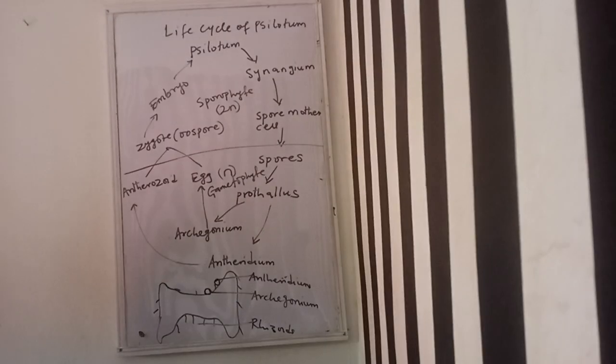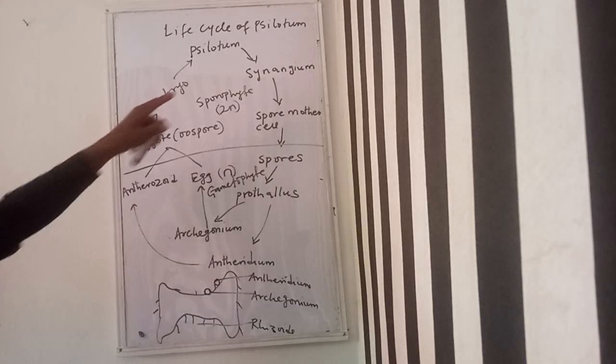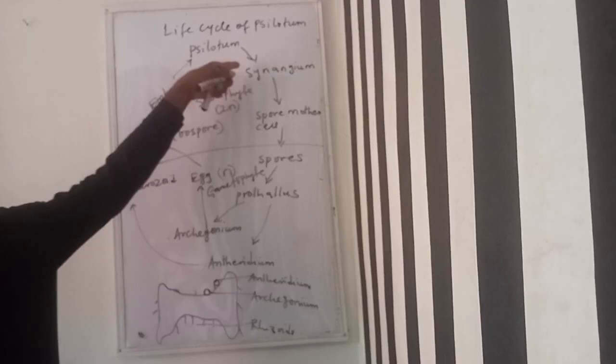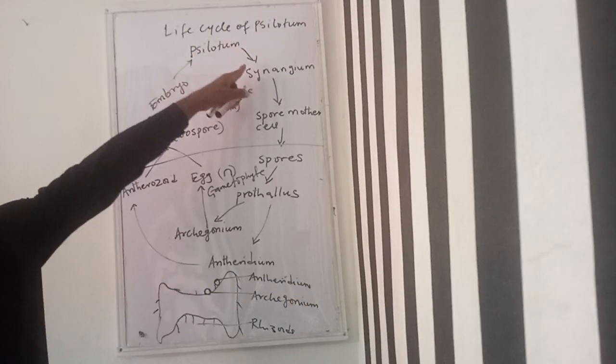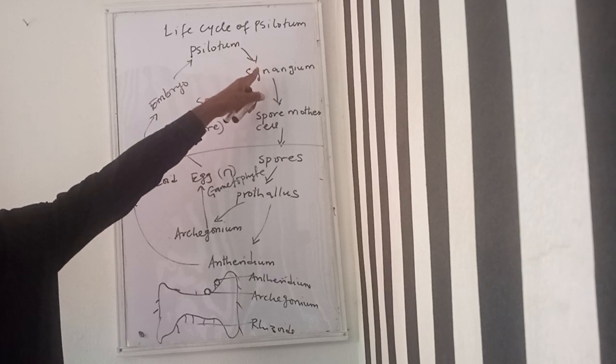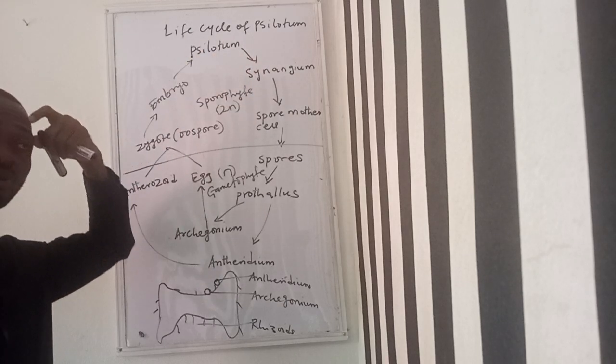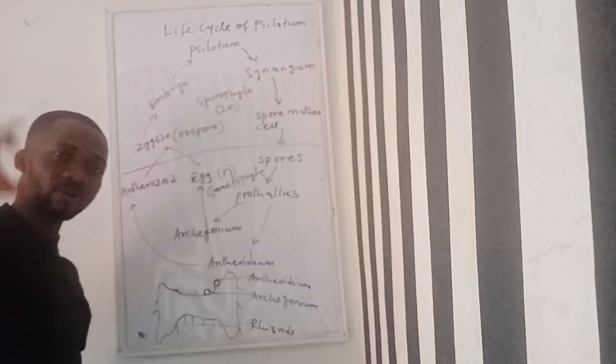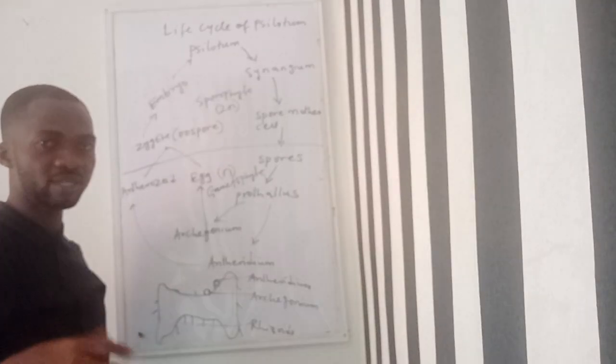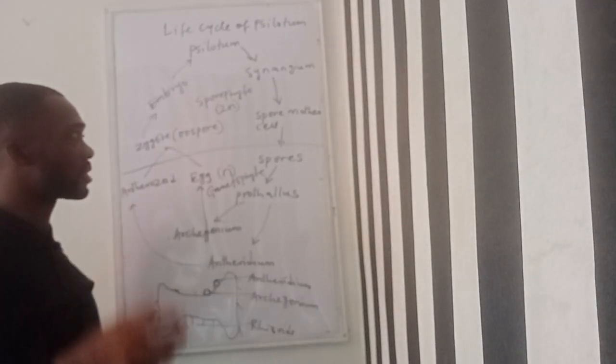So the life cycle of Psilotum begins by the formation of synangium, which I said is a triangular sporangium. Then the synangium, the triangular sporangium, when the spores are mature, they hiss. The hiss means break. They break and the spores are released.